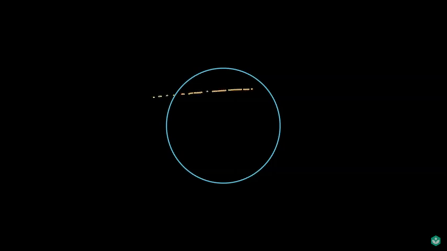Let's maybe draw a circle, and then we can put a line on that circle. Let's draw a line maybe somewhere like this. This line is a line of symmetry if we can take one side of the line and fold it onto the other and have them match exactly. So let's take one side, doesn't matter which one, let's say the top side.